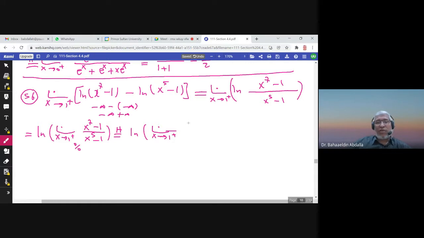Derivative of x to the power 7, 7x to the power 6 minus 0. Derivative of x to the power 5, 5x to the power 4. This would be ln. Now what is this limit? x to the power 6 over x to the power 4. I have 7 over 5 x squared.